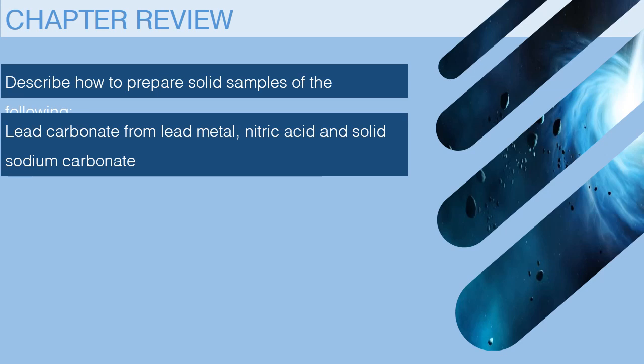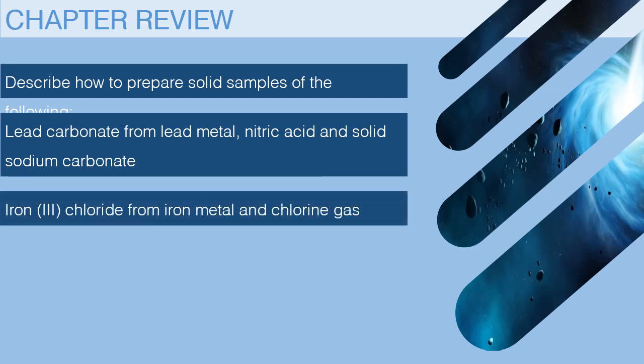Think about the salt and the materials that you've been given, then devise a procedure. Also, think about how you can prepare iron 3 chloride from iron metal and chlorine gas. Interesting, right?